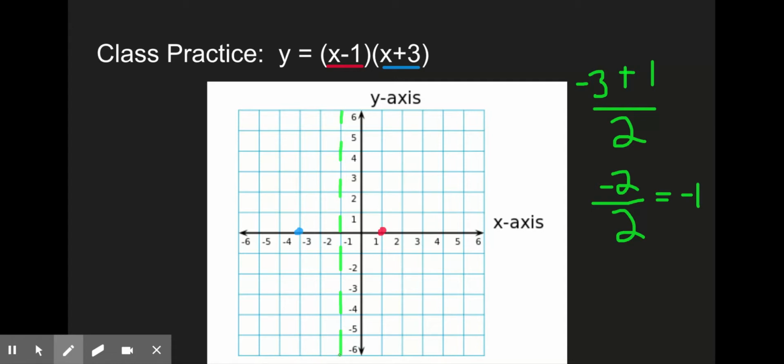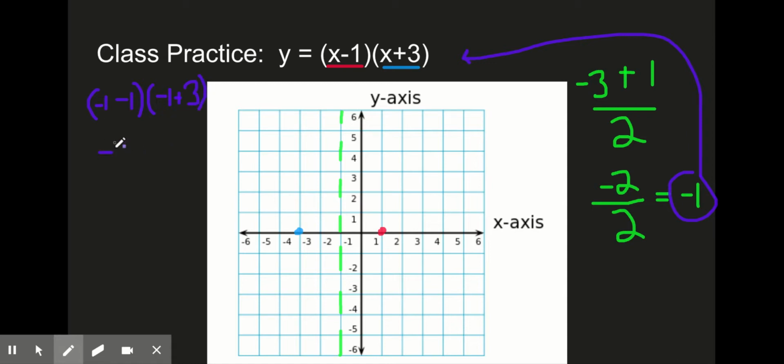Okay? To find the vertex, why don't we do what we've been doing all the way back in standard form, which is take this value and plug it in back here. That's the best thing for me to do. So what happens when I do -1 minus 1 times -1 plus 3?